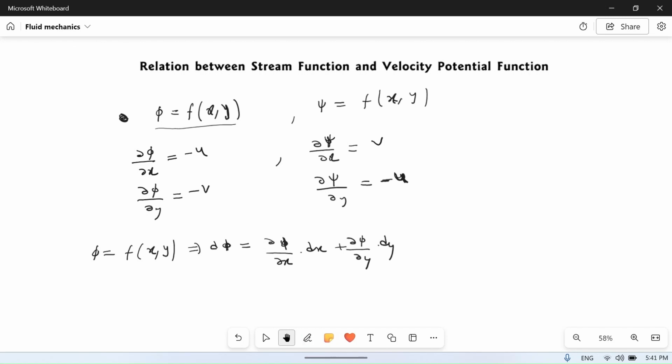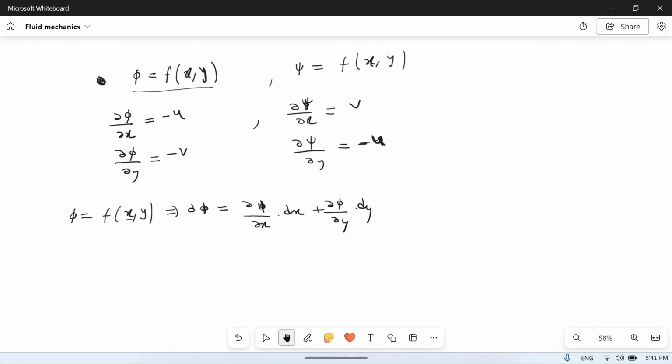So what is the chain rule? If this is phi and it is a function of x and y, then d phi is equal to the partial derivative with respect to x plus the partial derivative with respect to y, multiplied by dx and dy respectively. If there was z also here, then we would also write del phi upon del z into dz. Now from here we will write the values.